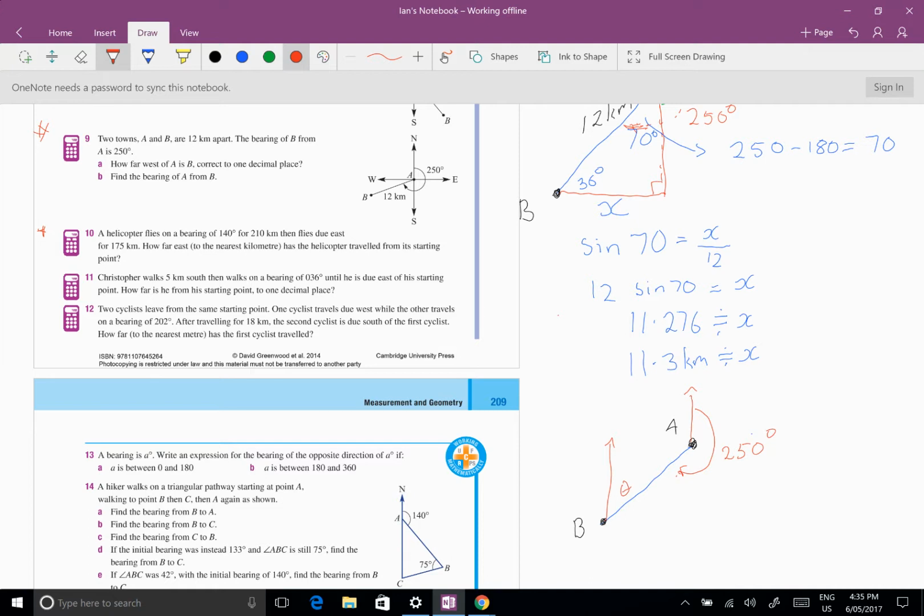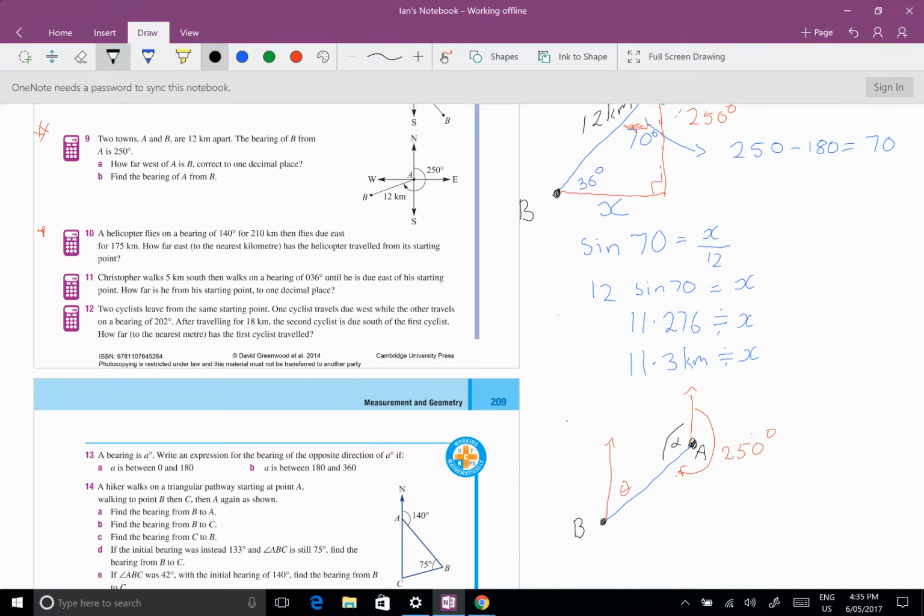Now, there's lots of ways I can do this, but the easiest way, I reckon, I'm just going to rub out that A and write it in a different spot. The easiest way to do it is to find this angle here, call it alpha.